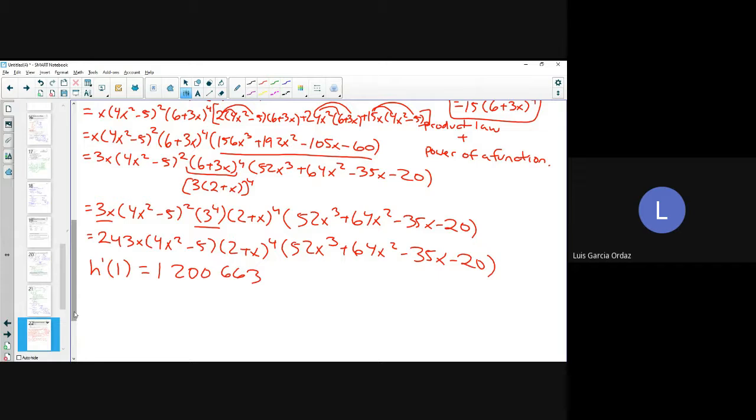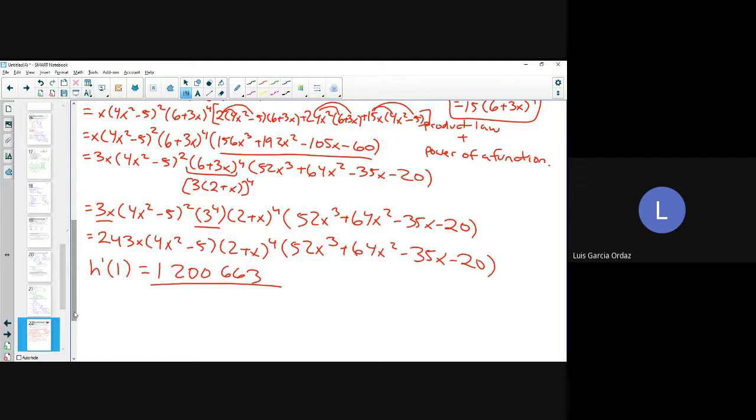Remember, guys, the instantaneous rate of change, exactly. So that means the instantaneous rate of change at x equals 1 is 1,200,663. So something is moving very, very fast at that point on the graph. What could it be? Who knows?